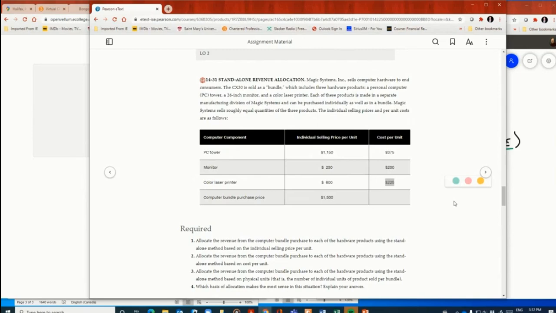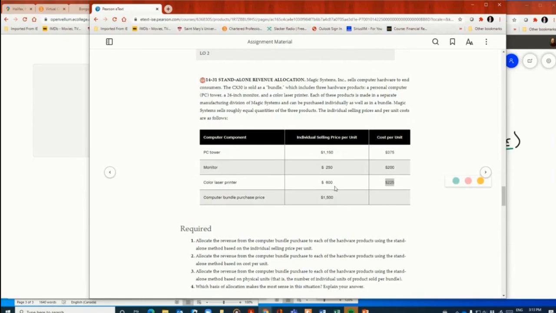And if you look at problem 29 or something, I think that's the one, it's a really good example of this incremental approach. And they actually also use what's called a Shapley model, where you alternate who goes first. So in other words, in the example I just gave, the PC gets all of the money, the monitor gets all of their money, and whatever's left goes to the printer.